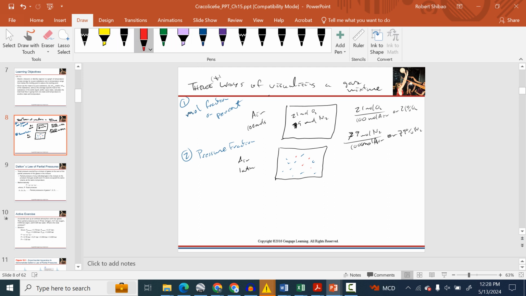Then the pressure is generated when the molecules collide with the walls of the container. So we'll have the oxygens collide here. Actually, let's make this black for the collisions. And we'll have the nitrogens collide here.